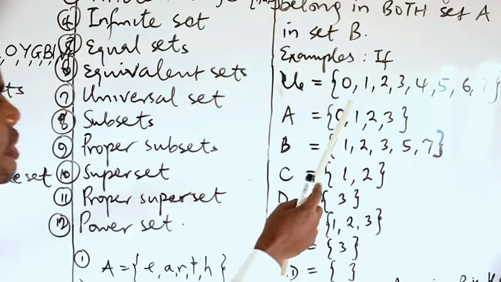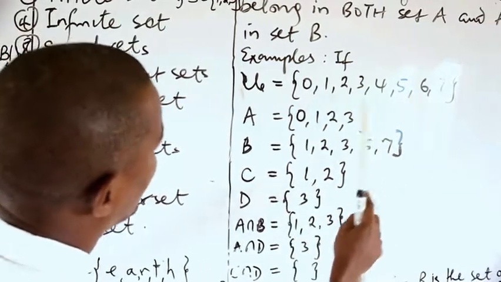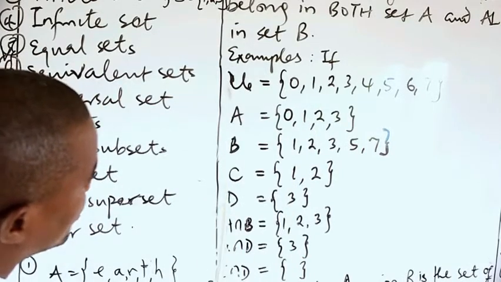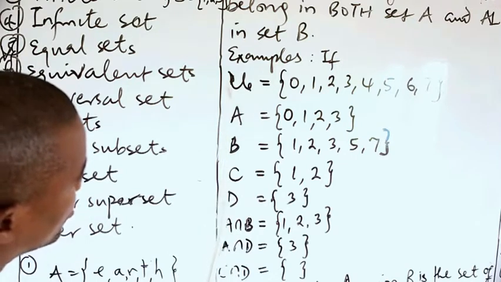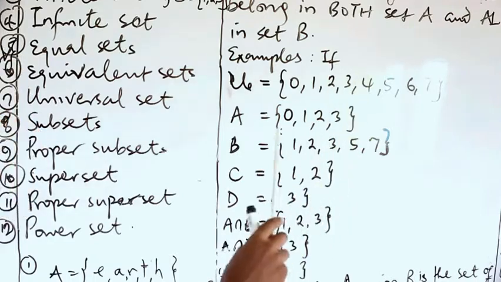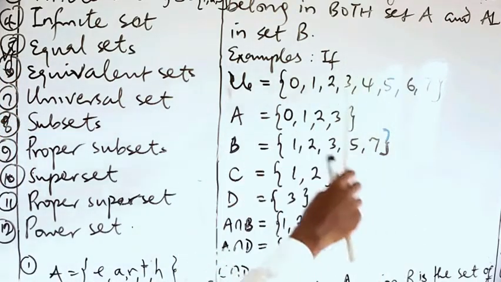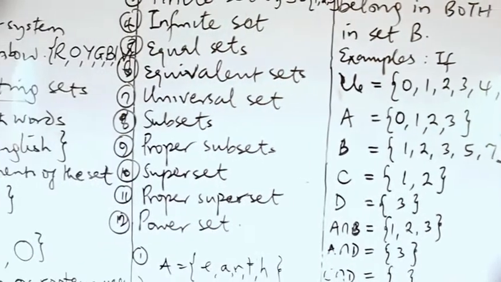If you look at it, this set combines all the elements we have in this subset, in this remaining set together, if you look at it very well. So a universal set is a set that combines all other sets under consideration together. That is what we call universal.